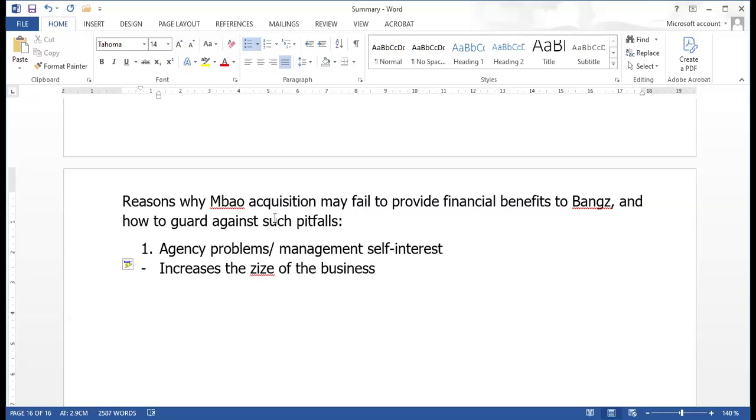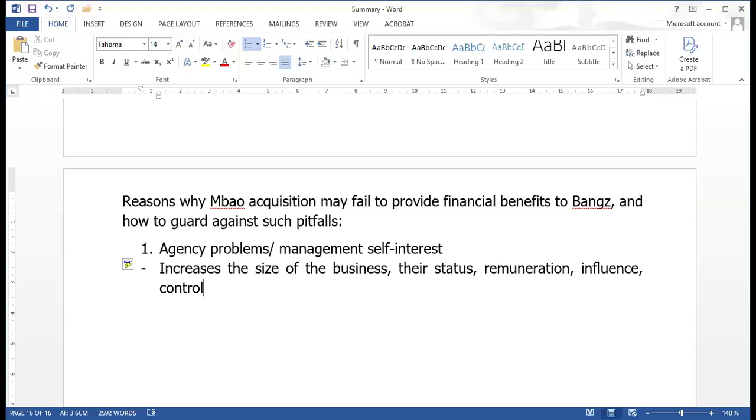That's what they think: that they are going to increase the size of the business, and once the size increases, their status increases. When there is an increase in the business, remuneration is going to increase. They are going to have influence, or it could be the control. All those as management.